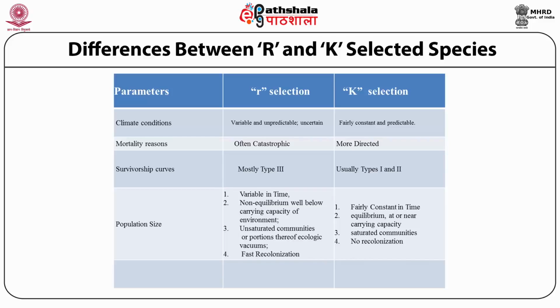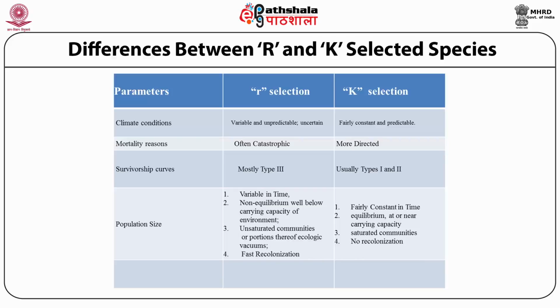1. The climatic conditions in which the R-selected populations are found are mostly very variable and unpredictable, whereas the K-selected populations live under fairly constant and predictable conditions.